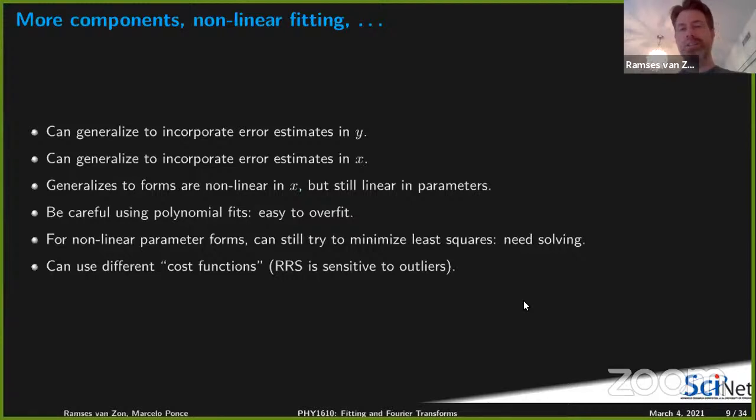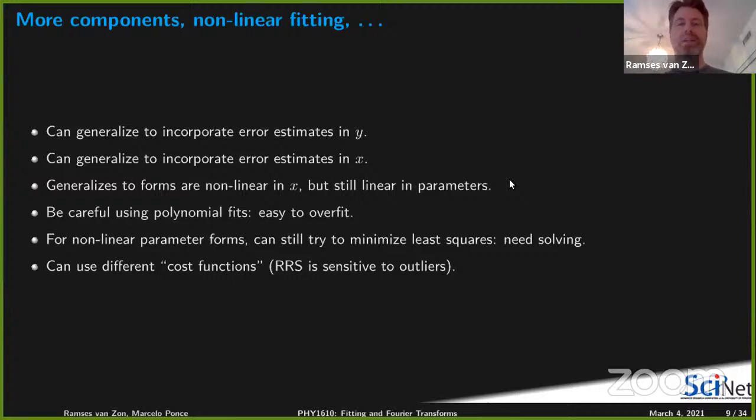What's nice about this approach is that you can generalize this. You could have actual error estimates in Y and take them into account in this procedure, or error estimates in X. So your data could have known error estimates. You can use actually any model that is linear in the parameters.